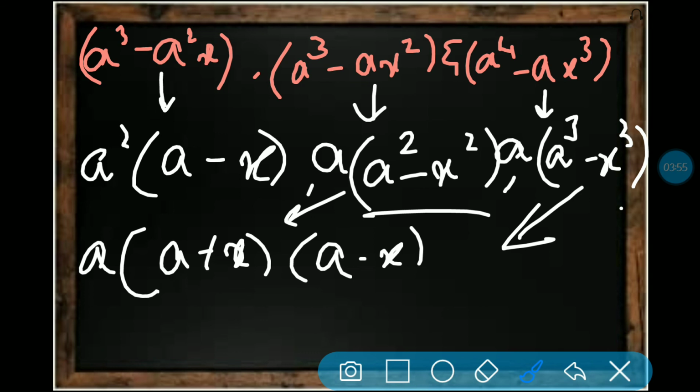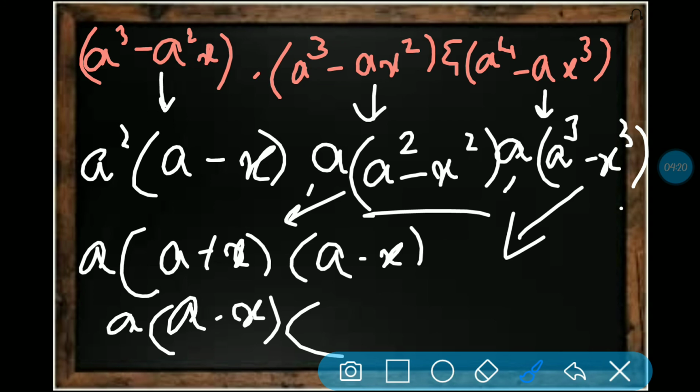Now for a cube minus x cube, one formula for a cube minus b cube will be there in your book. I have already explained that formula, and it was really helpful for us. It is a minus b first, so a minus x.